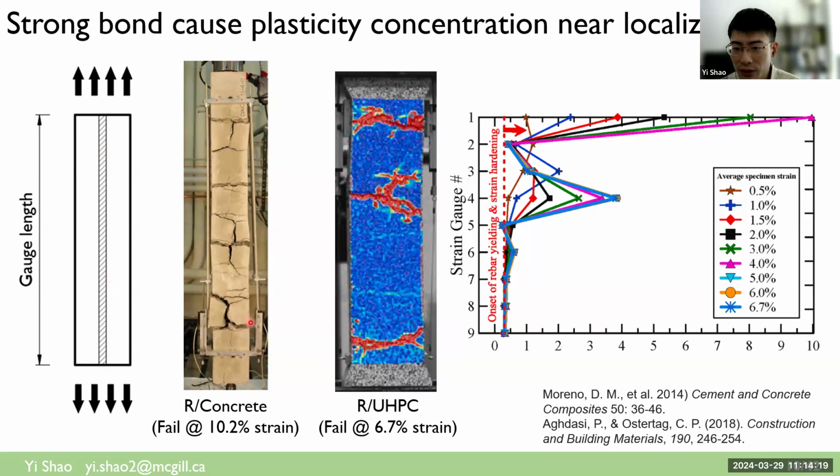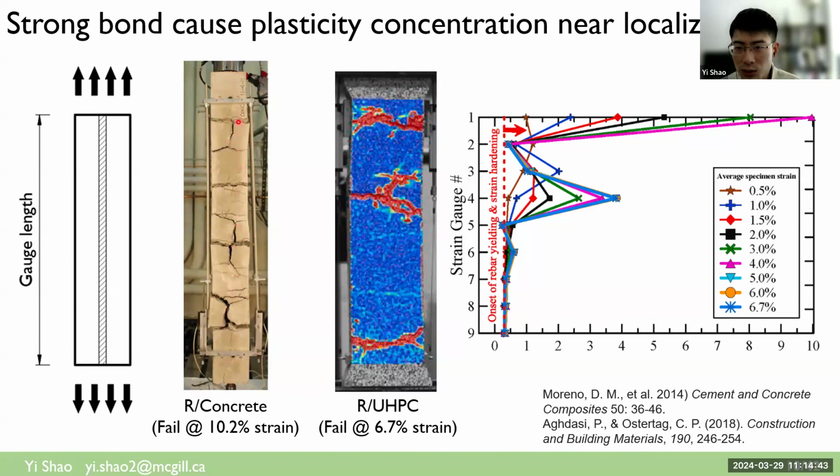And we can find out that for traditional reinforced concrete, if we are looking at what we call the tension stiffening behavior of the reinforced concrete, the concrete will show multiple large cracks as well as very significant splitting cracks along the concrete.